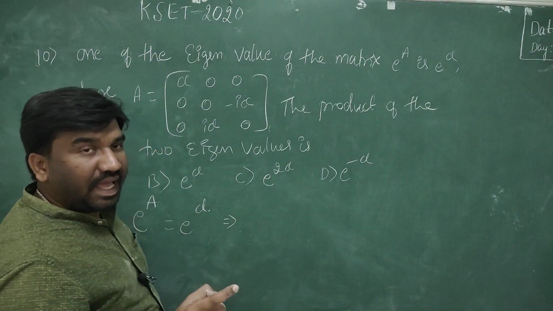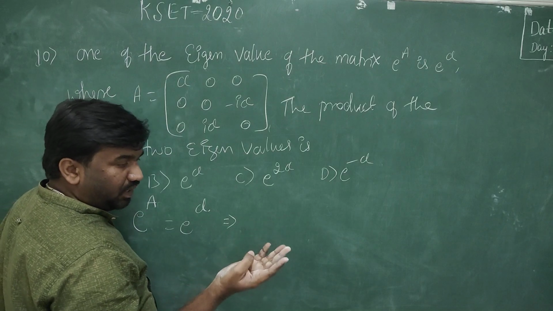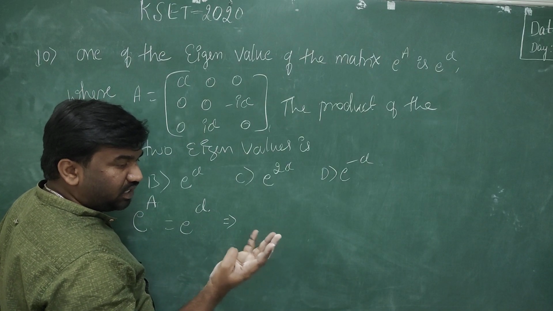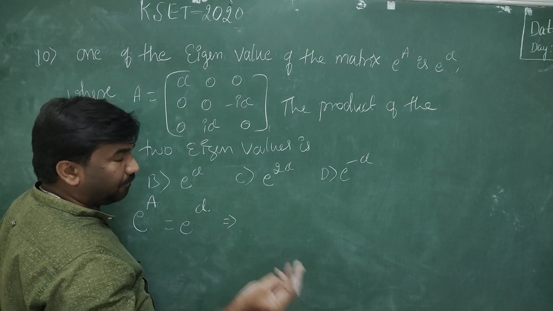First, let us calculate the eigenvalues of this matrix A. If we multiply the eigenvalues, it gives the determinant. If we add the eigenvalues, it gives the trace.